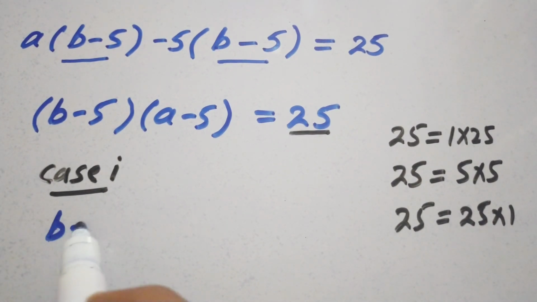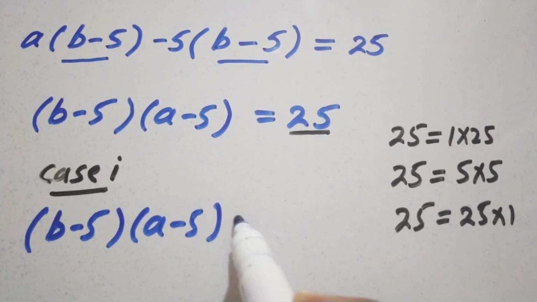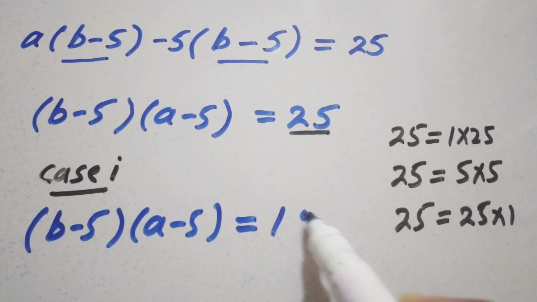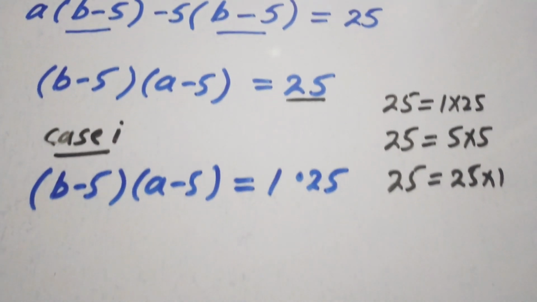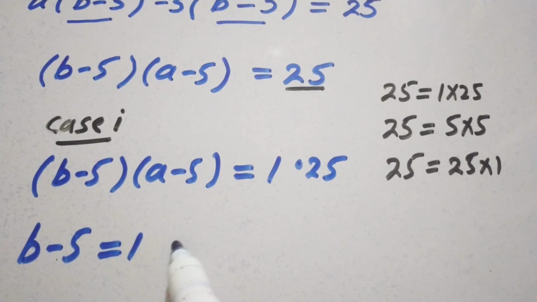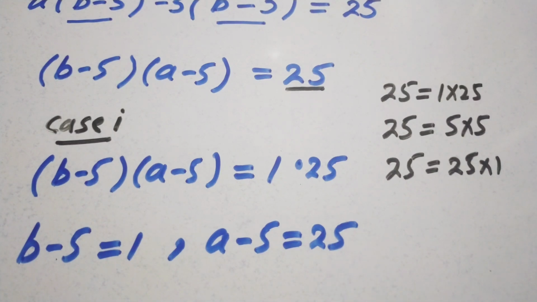b minus 5 into a minus 5, this is equal to 25. In the place of 25 we will write 1 multiplied by 25. So we have b minus 5 is equal to 1 and a minus 5 is equal to 25.